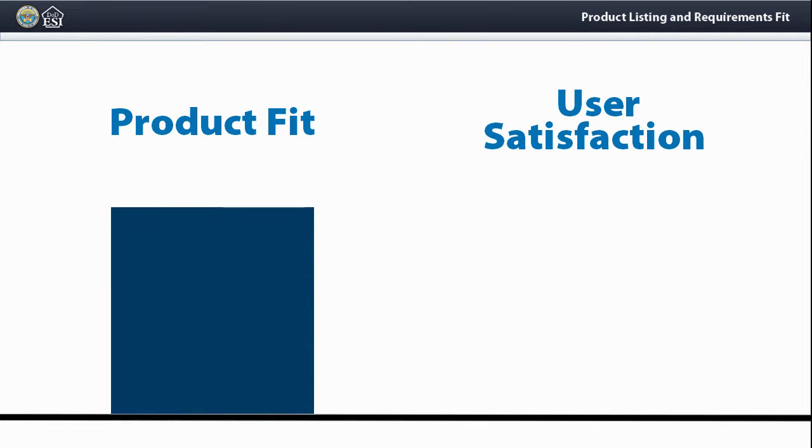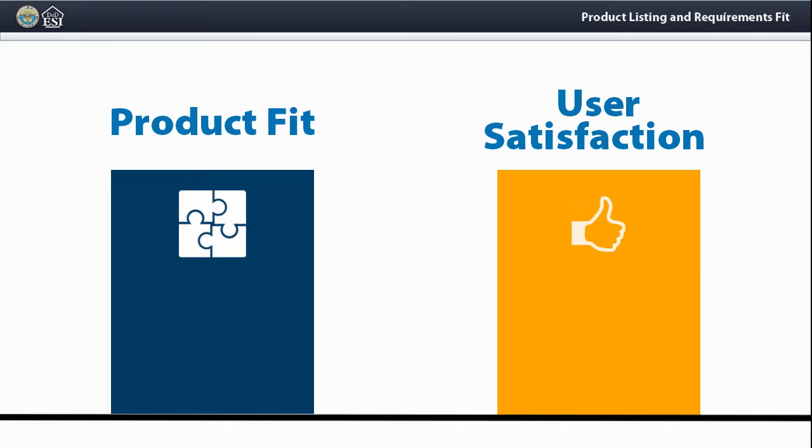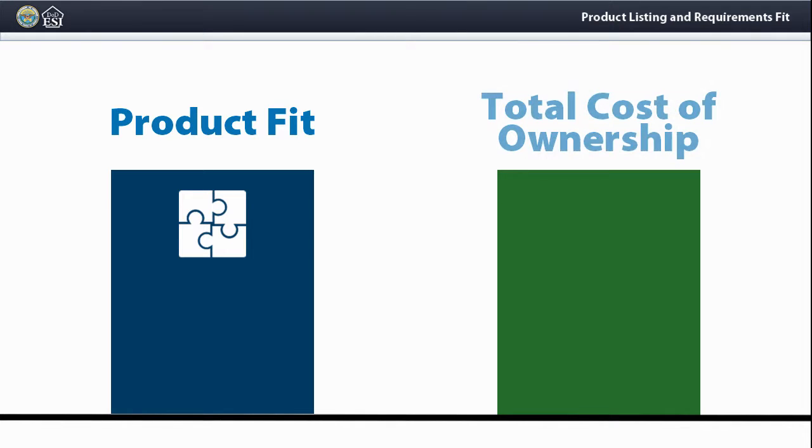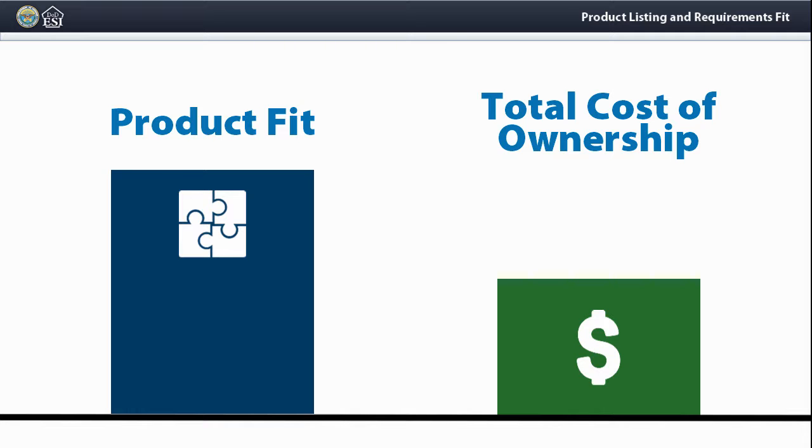A higher product fit usually results in higher user satisfaction because users quickly perceive how closely the product meets their needs. The closer the fit, the easier it is to use the product. Higher product fit also usually results in lower TCO, or total cost of ownership, for two related reasons.